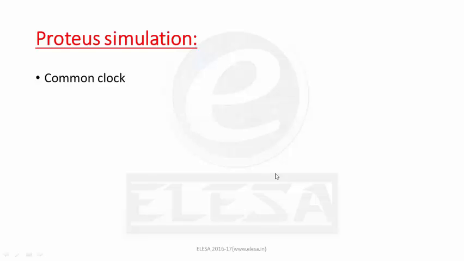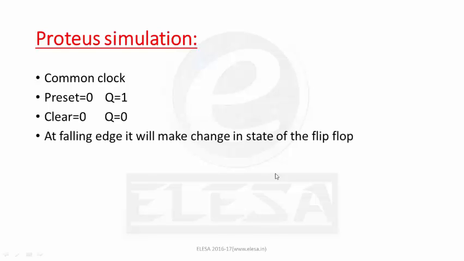Now we will discuss the Proteus simulation and the common clock. In that, when preset equals 0 then Q equals 1, and when clear equals 0 then Q, the output of that flip-flop, equals 0. When the preset is active low, it sets the output of the flip-flop to high, and when clear is low, the output of the flip-flop becomes 0.